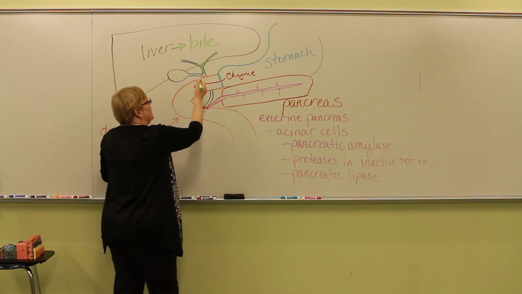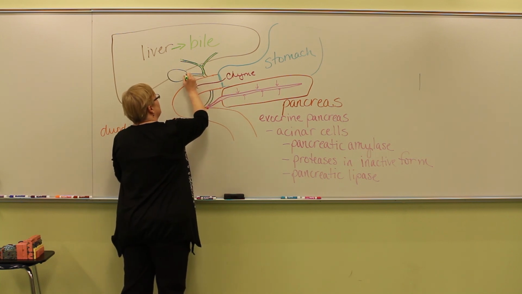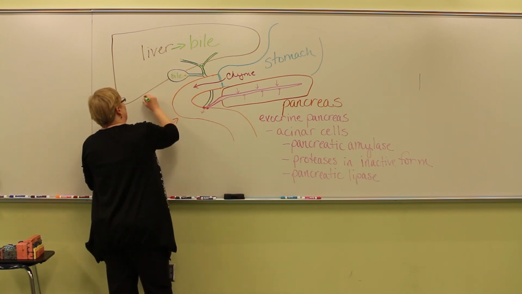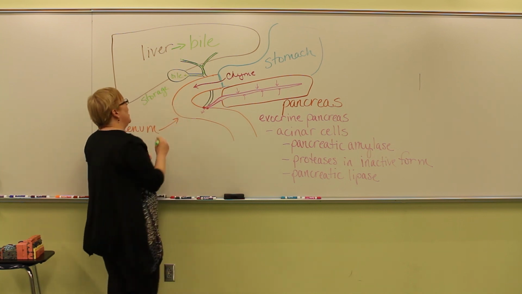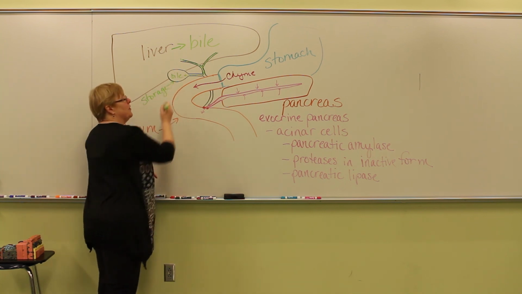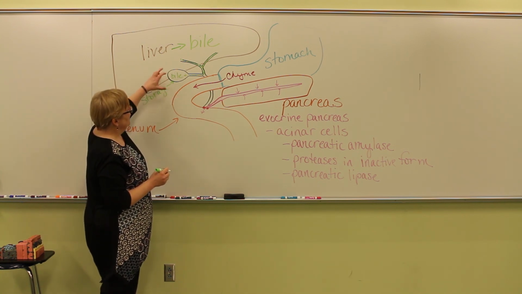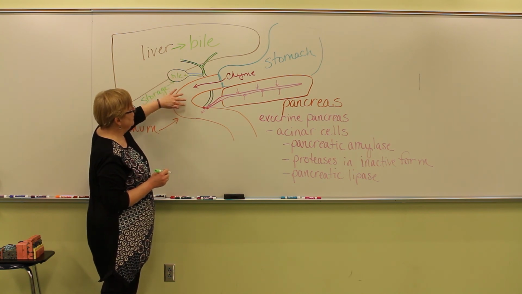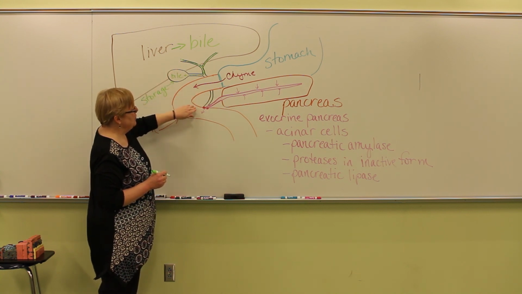And if there is no immediate need for the bile, it will be shunted through the cystic duct into the gallbladder for storage of bile, and also to concentrate the bile. If there is a need for bile, the combination of hormones that are released associated with the stimulus for bile secretion will also allow pancreatic juice to enter.